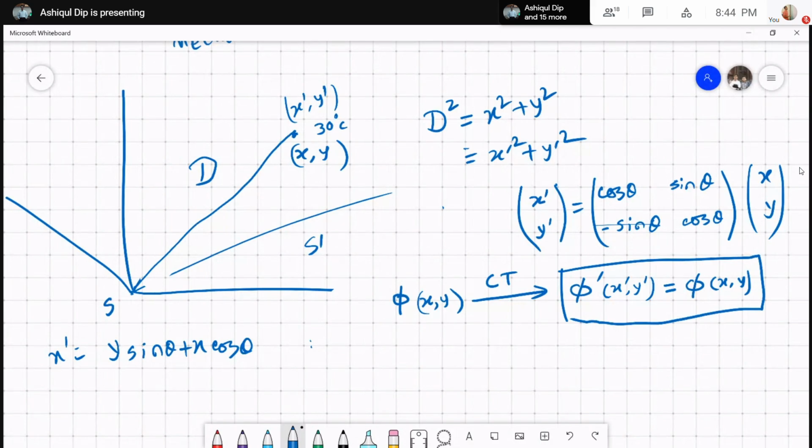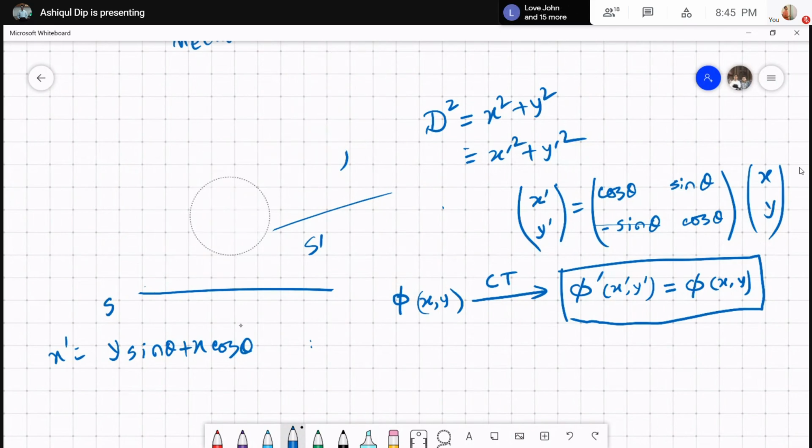Okay, we'll talk about scalar and vector later, but first we discuss a little bit more about this distance, because these distances are important quantities in GR. Say we set up a new coordinate, a polar coordinate here. You all know about polar coordinates, right? 2D polar coordinate.